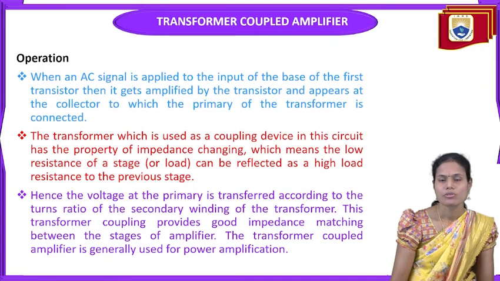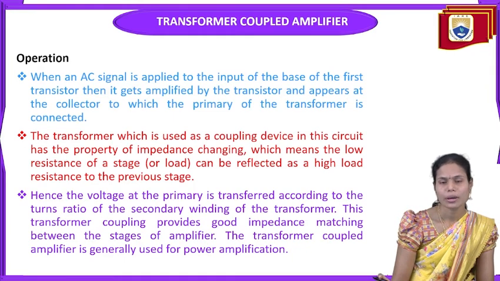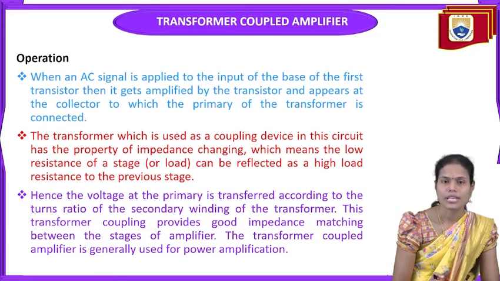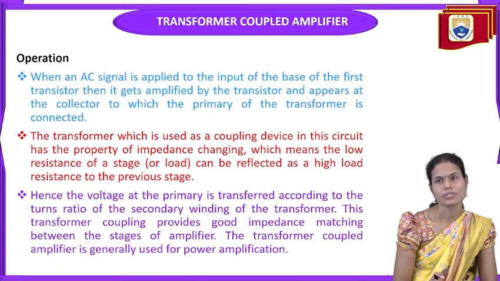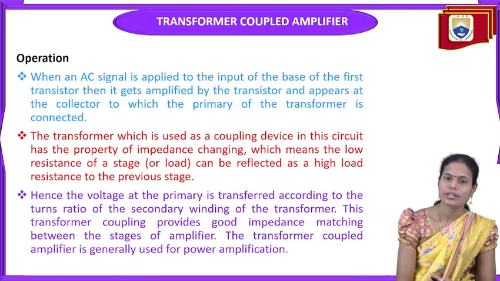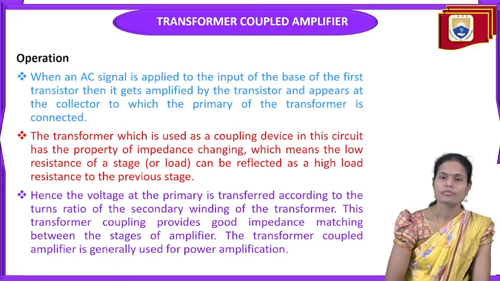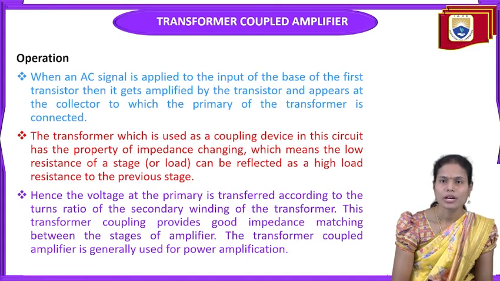I have already mentioned that when you apply an AC signal to the base of the first transistor, it is amplified and appears across the collector terminal, which is connected to the primary terminal of the transformer. The transformer used as the coupling device in this circuit has the property of impedance change.